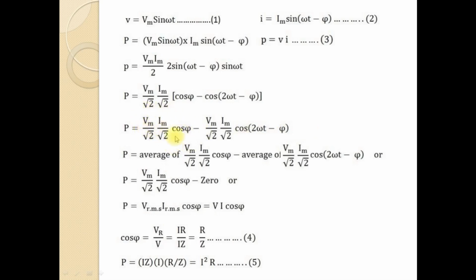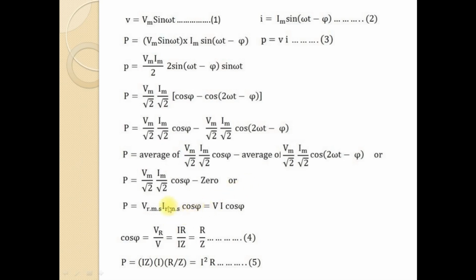So the average value of this part will always be Vm by root 2 into Im by root 2 into cos phi, which is given by this. And the integral of this portion, integral from 0 to 2 pi of Vm by root 2 Im by root 2 cos (2 omega t minus phi) d omega t, we are integrating with respect to omega t. This expression will yield a result of 0.